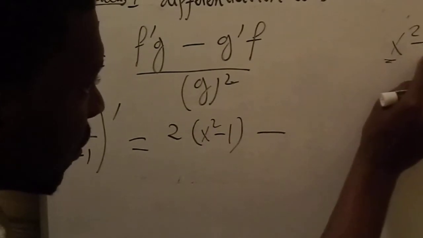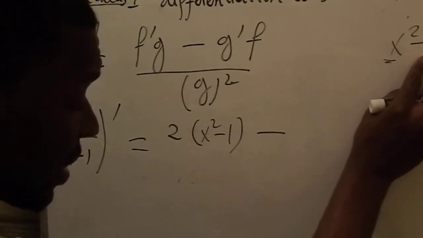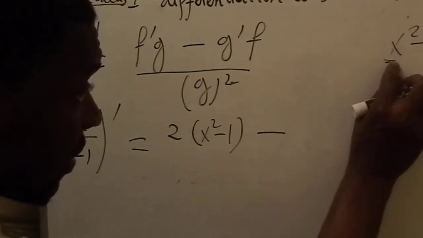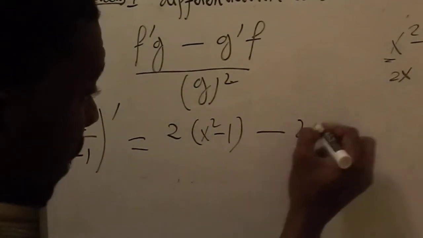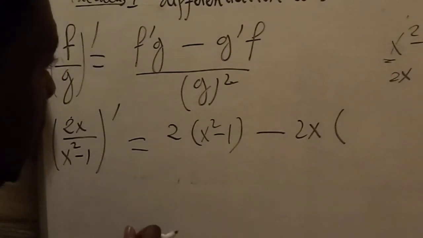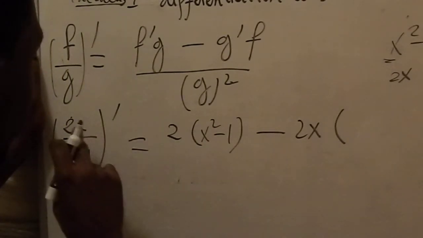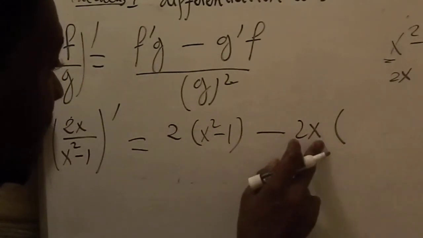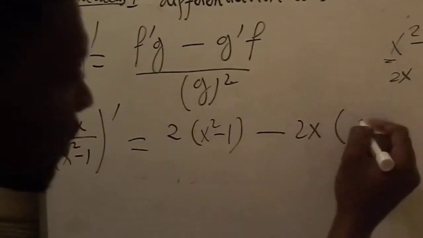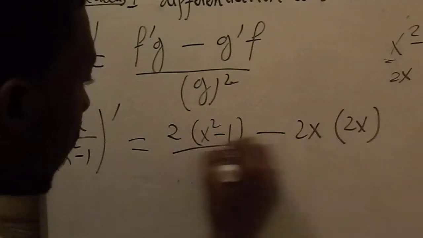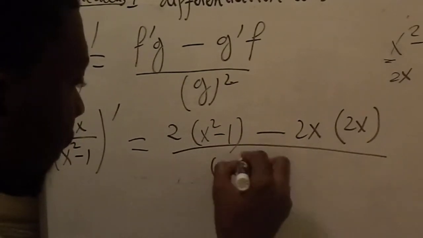The derivative of negative 1 is 0, and the derivative of x squared is 2x. That gives minus 2x times f. My f here in this case is 2x, over the bottom squared.